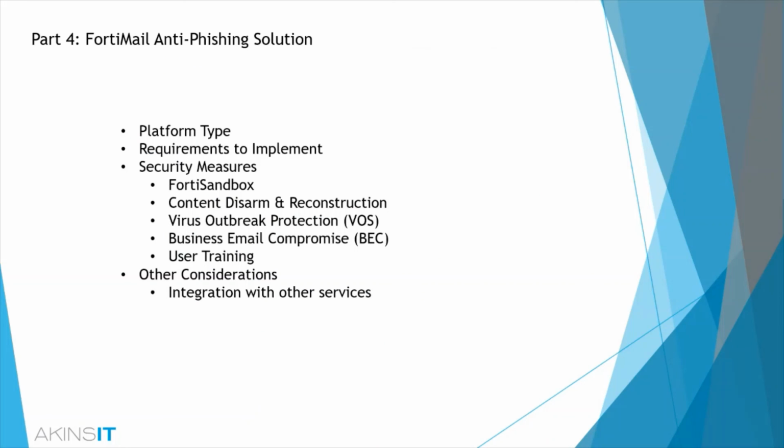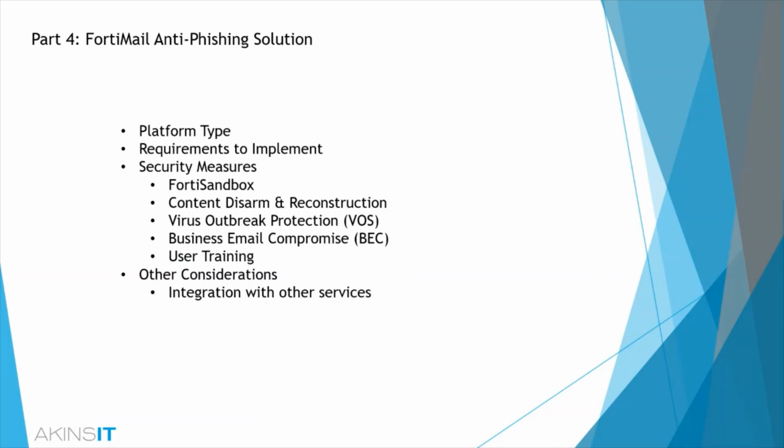And with that, we have finished reviewing FortiMail on a high level as it pertains to phishing. To recap, we reviewed the platform types and requirements to implement security measures such as FortiSandbox, content disarm and reconstruction, virus outbreak protection, business email compromise, URL rewriting, user training, and then some other considerations and integrations with other services.